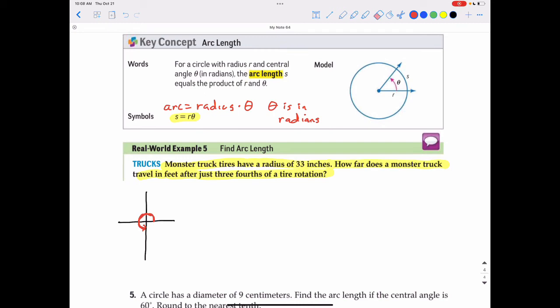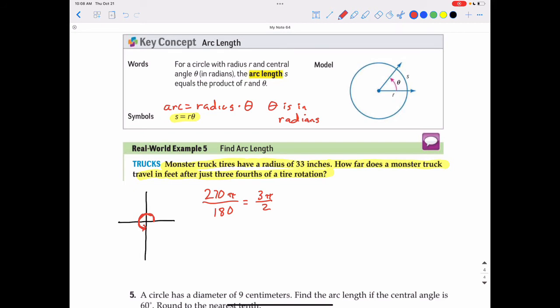So I do need to change that degree measure into radians. So that's 270 degrees. 270 times pi over 180 gives me 3 pi over 2. So that's 3 pi over 2 radians. That's the measure of the angle.